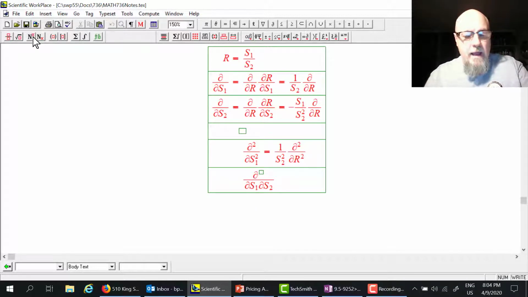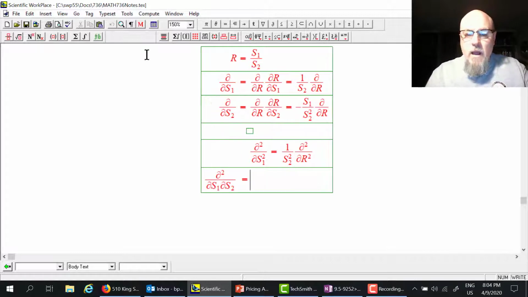So I got choices then. I can take this, which is the derivative with respect to S1, and differentiate it with respect to S2, or I can take this, which is the derivative with respect to S2, and differentiate it with respect to S1. I think that's easier. Let's take this and differentiate it with respect to S1.